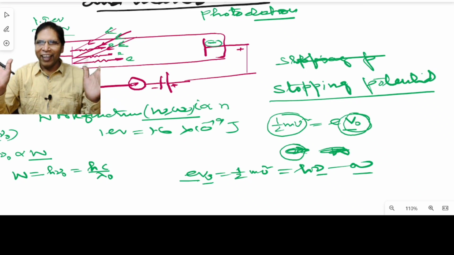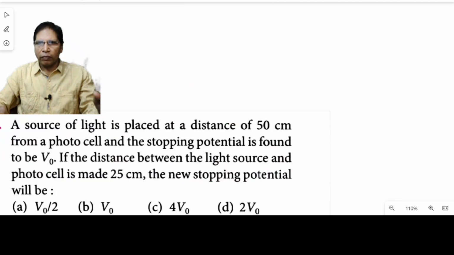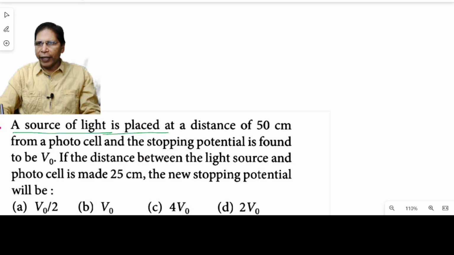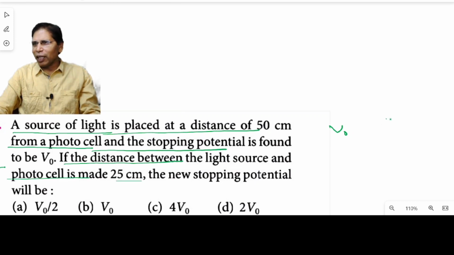Now, a problem relating to stopping potential. A source of light is placed at a distance of 50 centimeter from a photocell, and the stopping potential is found to be V naught. Now, if the distance between the light source and the photocell is made 25 centimeter, the distance becomes half.